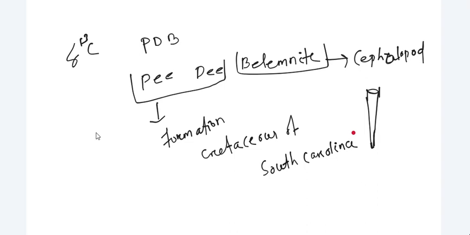We found a belemnite over there and calculated the 13 by 12 ratio in that belemnite. So that is called the standard PDB. This was calculated by the University of Chicago, so it is also called the University of Chicago standard.